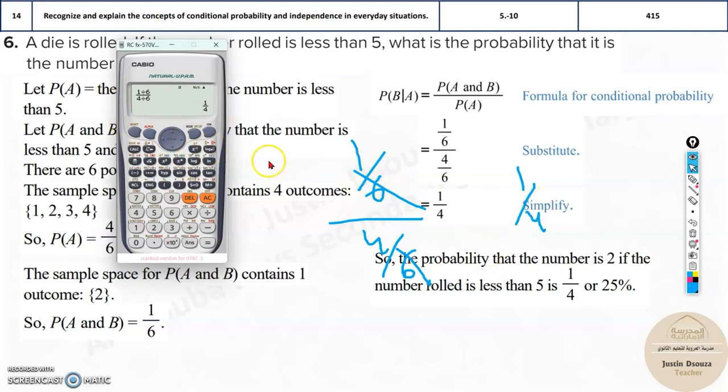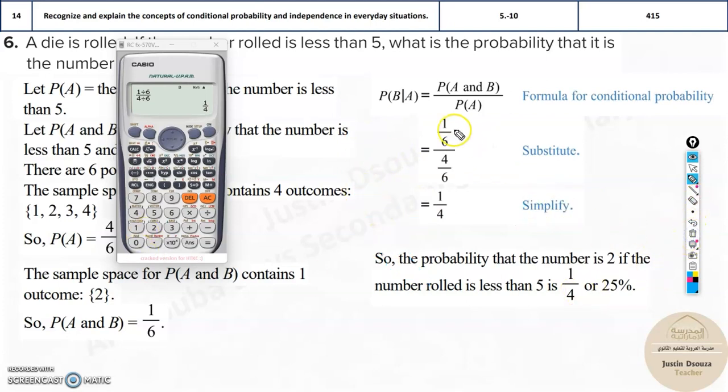Anyway, if you're getting confused, just solve the upper part, numerator, separately, denominator separately. Or you can just see that the denominators cancel off, and you're remaining with the inverse, right? The 4 will go to the denominator. So it'll be 1 by 4. The answer is 1/4 or 25%.